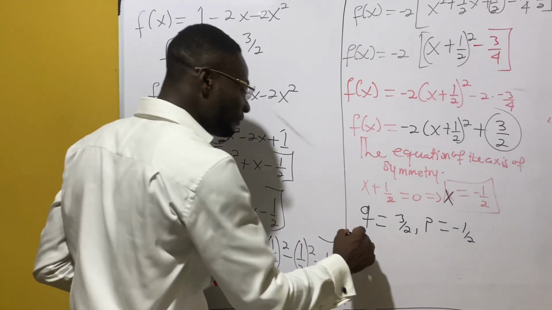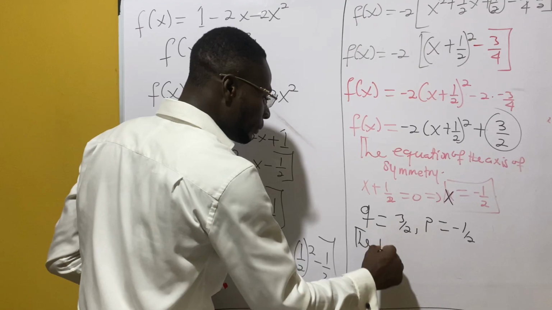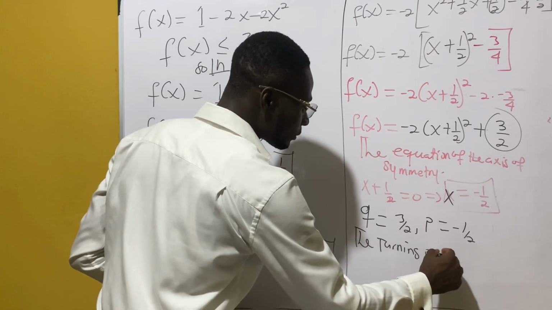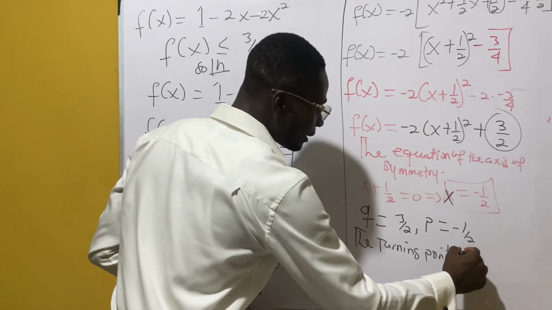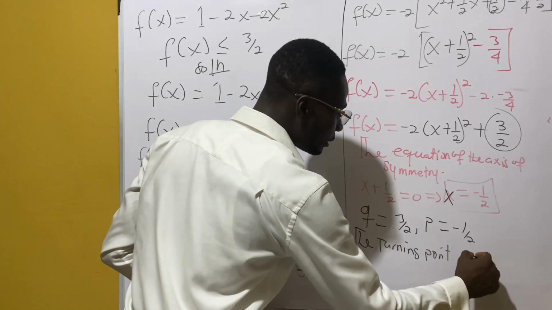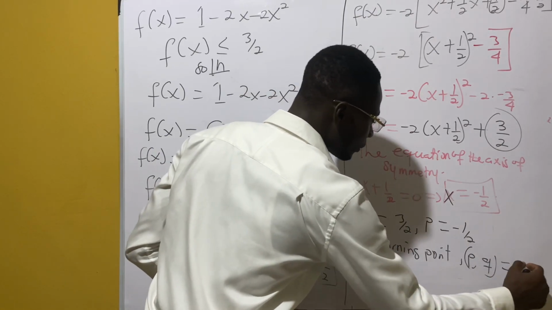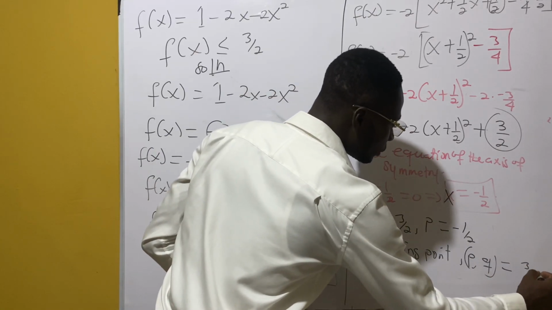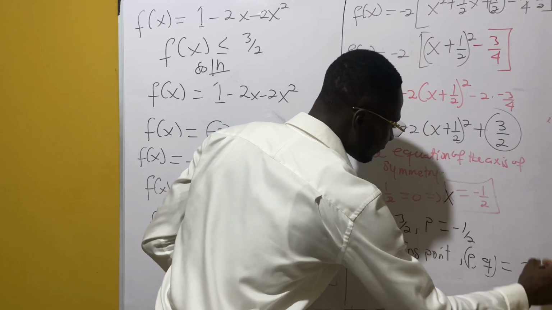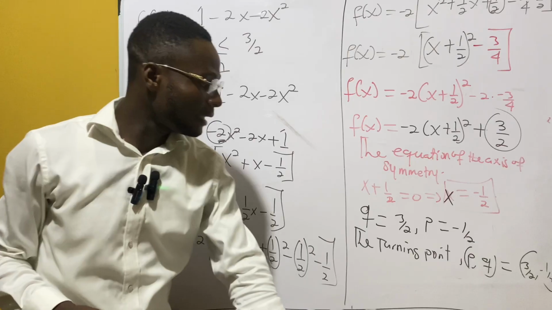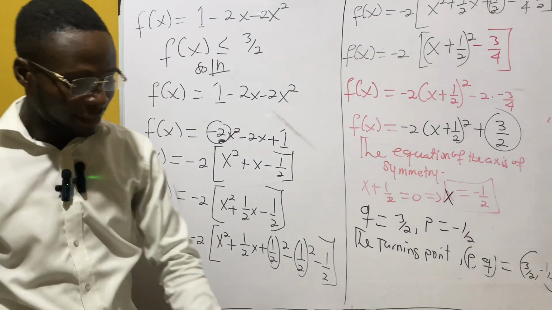And then we have the turning point. The turning point P and Q is 3 on 2 and minus half, and that becomes the turning point.